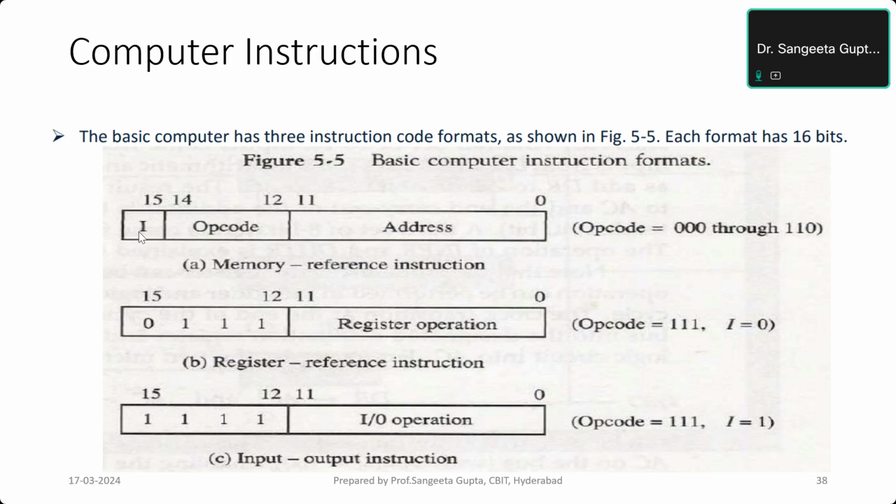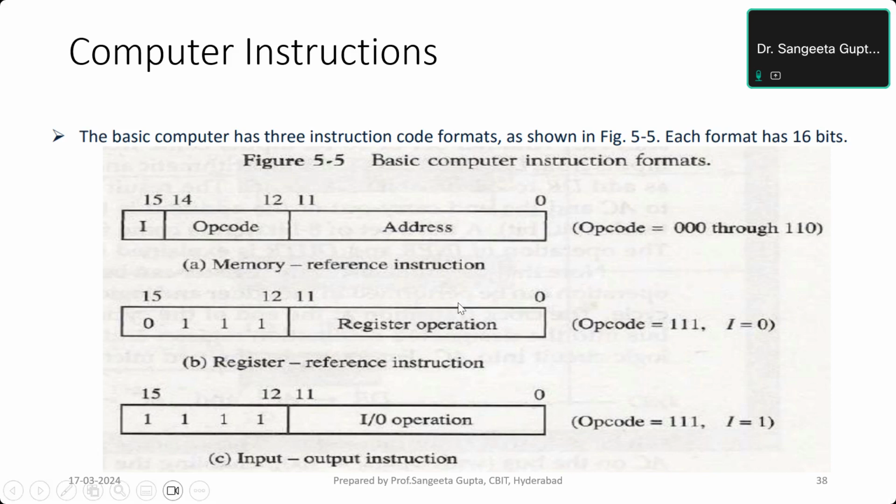About the direct and indirect addresses, I have discussed in my video on addressing modes. Then the other categories of instructions are the register reference instruction and the input-output instruction. In register reference and IO instructions, the bits 0 to 11, that is a total of 12 bits, are used to represent either the register operations or input-output operations, because we don't need to fetch data from memory.